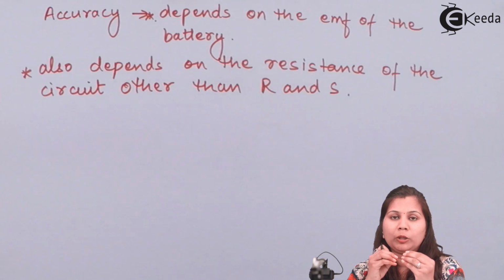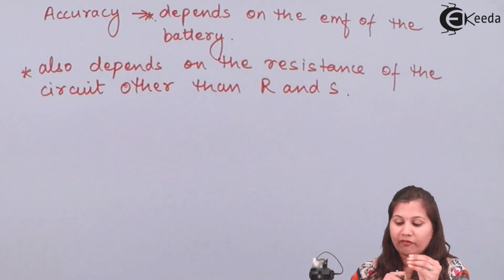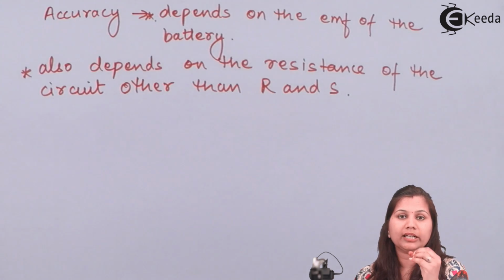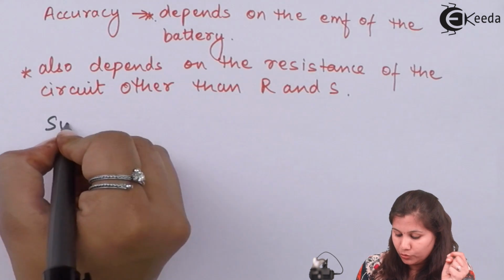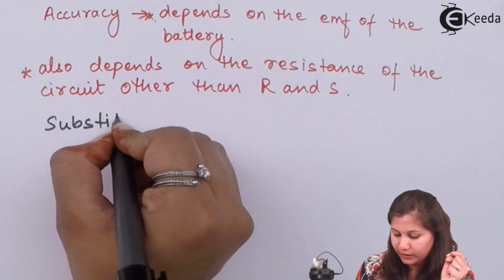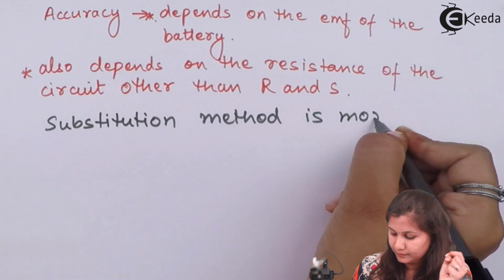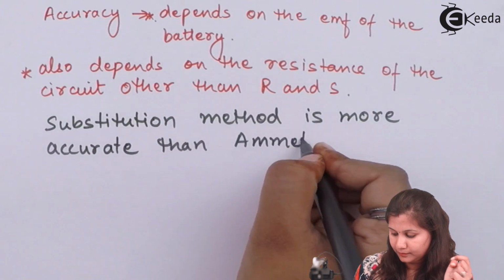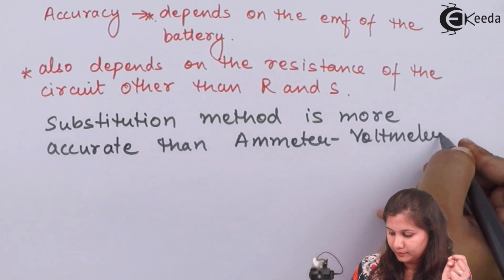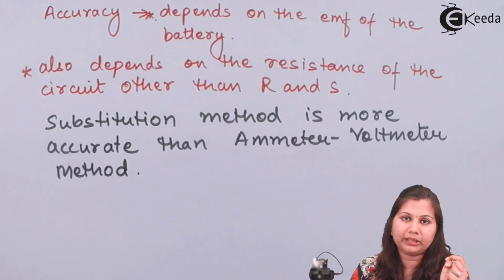So the ammeter voltmeter method gives us inaccurate results, whereas the substitution method gives us more accurate results. So the substitution method is more accurate than the ammeter voltmeter method.